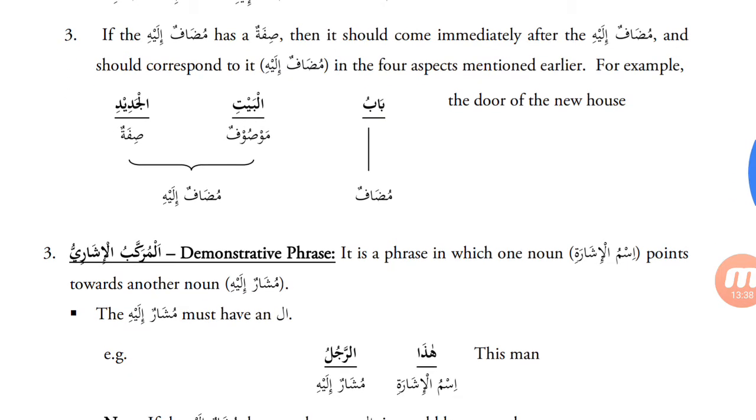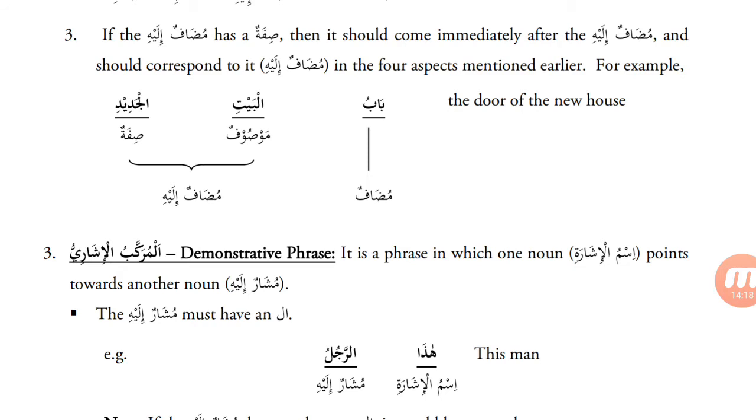If the mudaf ilay has a sifa, then it should come immediately after the mudaf ilay and should correspond to it in the four aspects mentioned earlier. For example, the door of the new house, babul baytil jadidi.